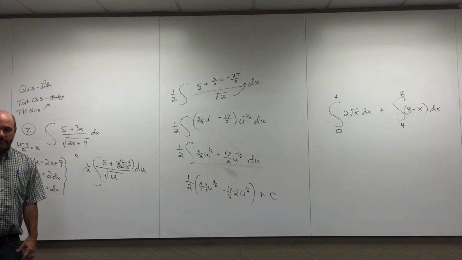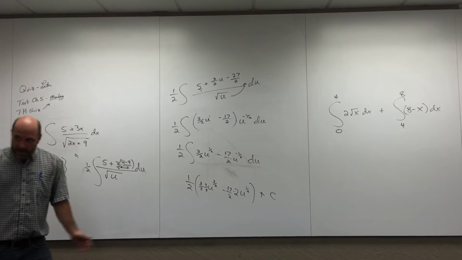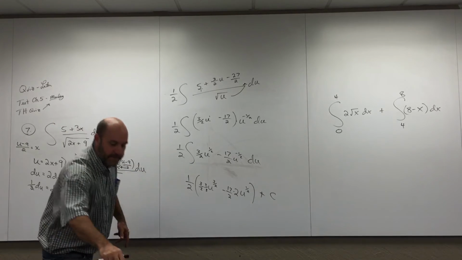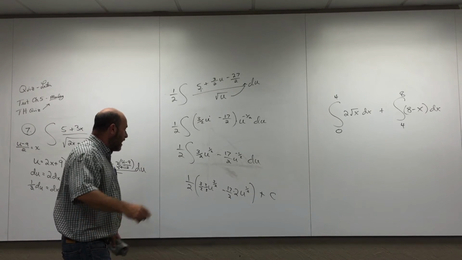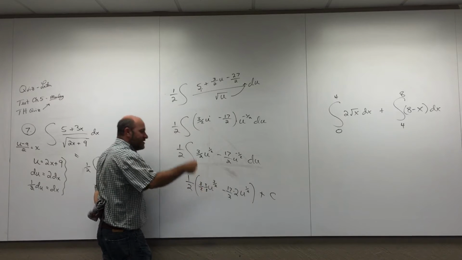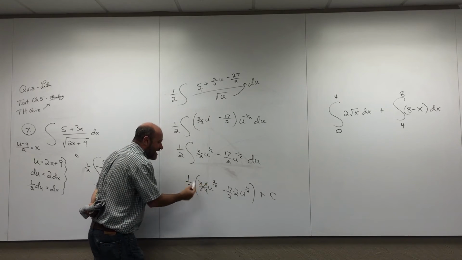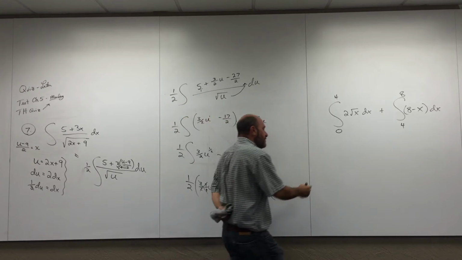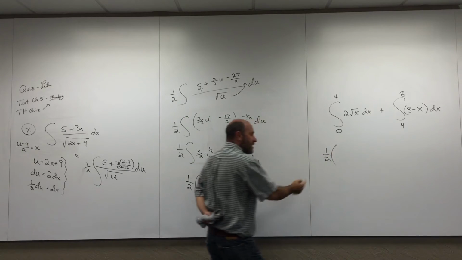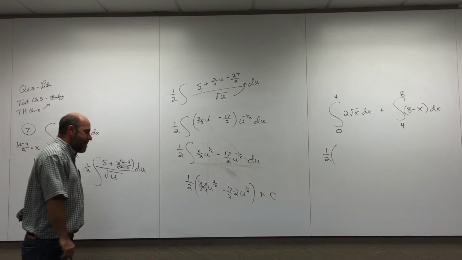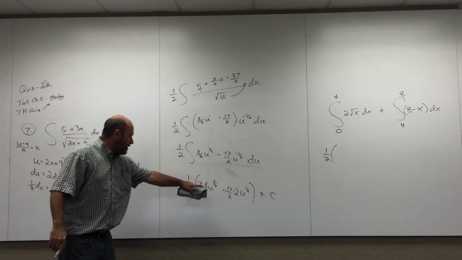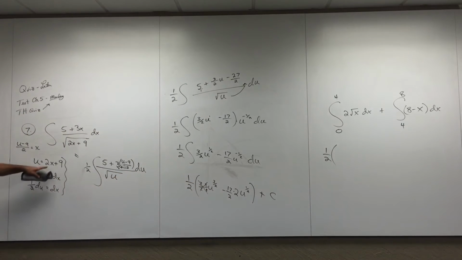Well, we're done, except cancel the 2's and the 3. What do I have to do to really be done? Oh yeah, plug back in my u. What was my u? 2x plus 9.